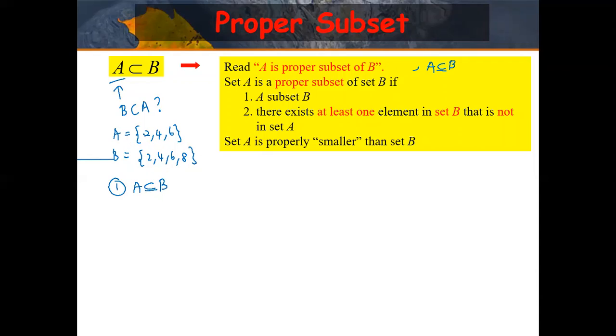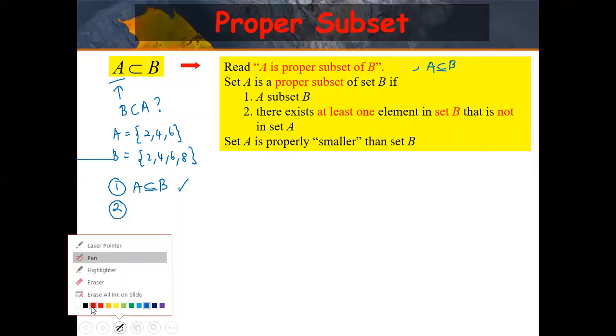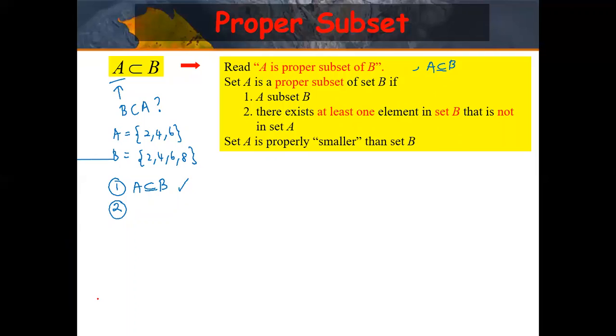Because all elements in A, 2, 4, 6, are also elements of B, 2, 4, 6, 8. So the second one, at least one element in B is not in set A. What is the element that is not in set A? There is 8. So there exists at least one element in B that is not in A.